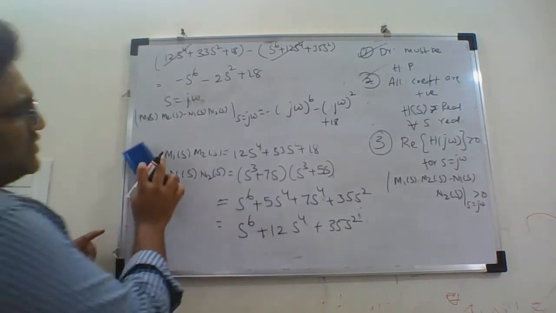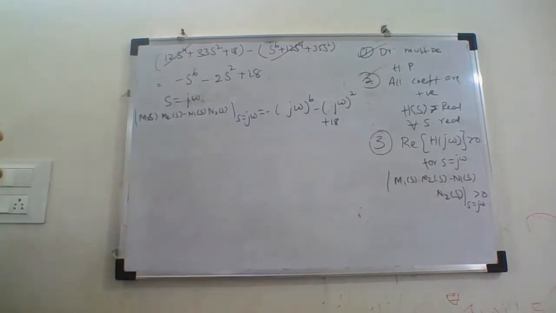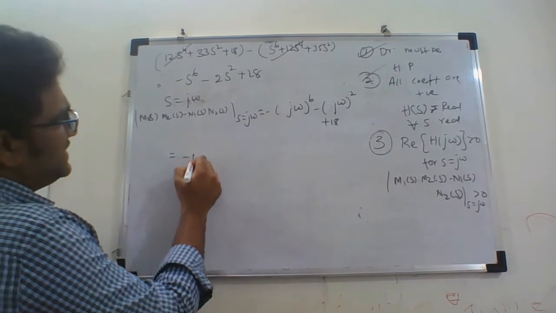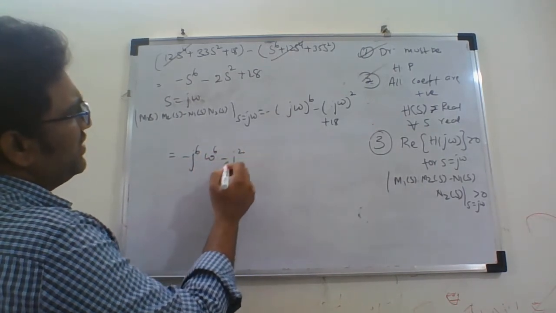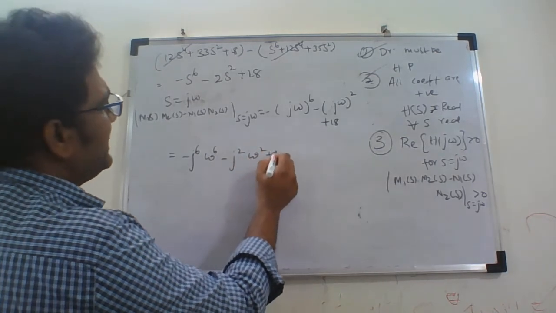So this is equal to minus j power 6 into omega power 6, minus j square into omega square, plus 18.